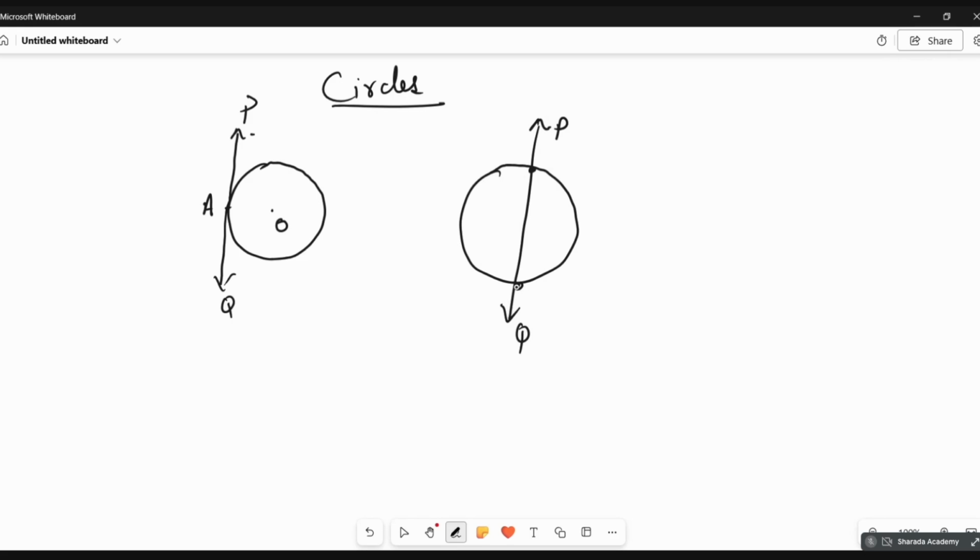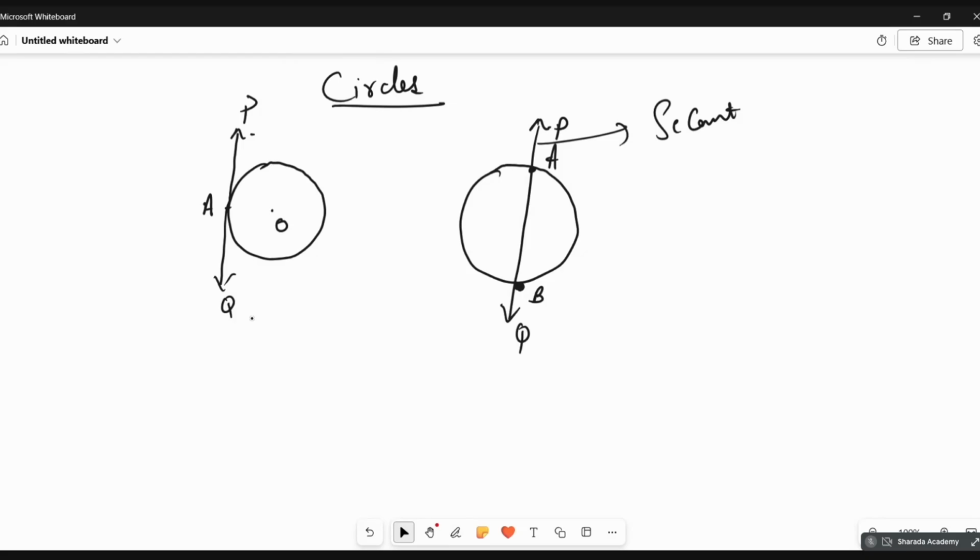A secant of the circle will intersect the circle at 2 points, here A and B. Secant of the circle means it will intersect the circle at 2 points, A and B. And in the first circle, PQ is a tangent because it is not intersecting, it touches the circle at one point.